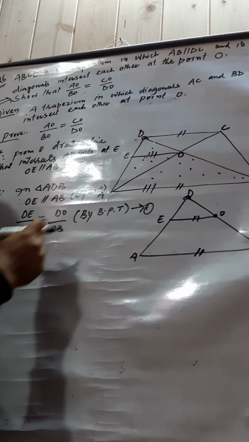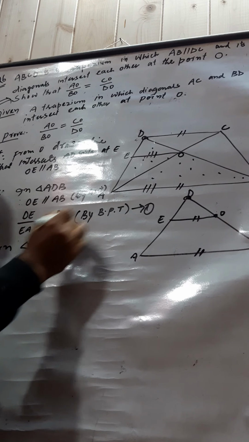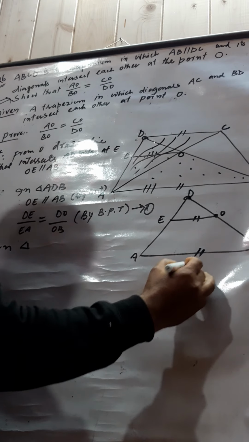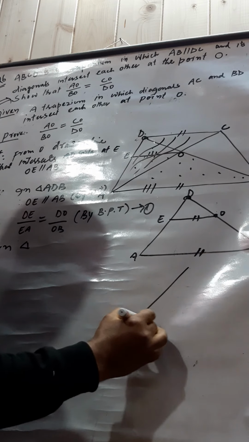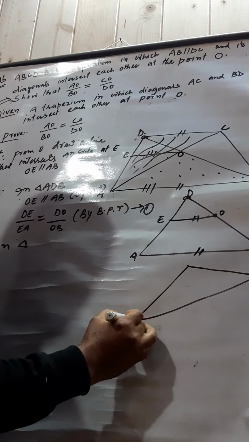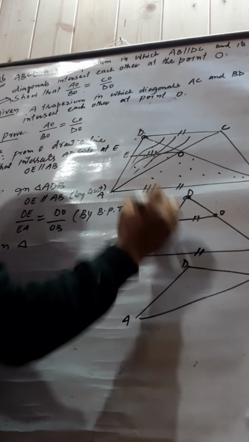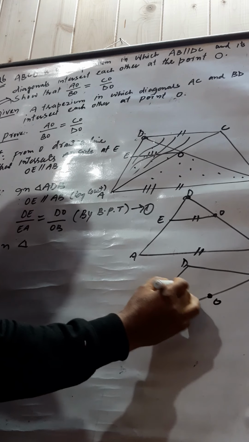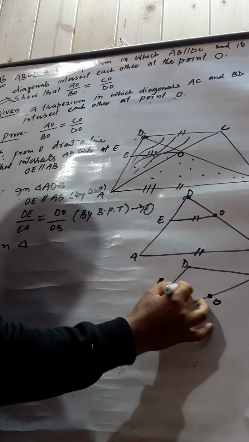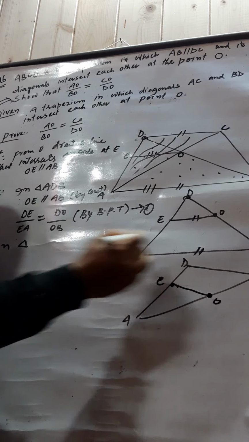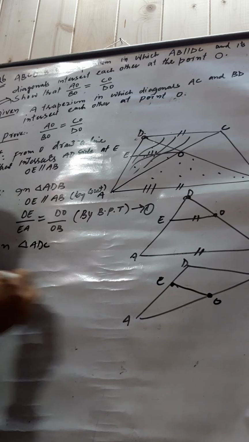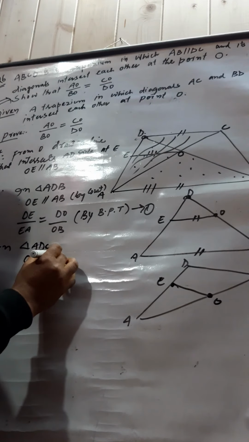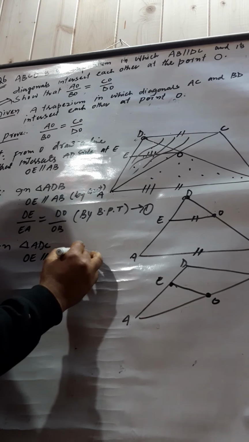So in triangle ADC, this OE is parallel to DC by construction.